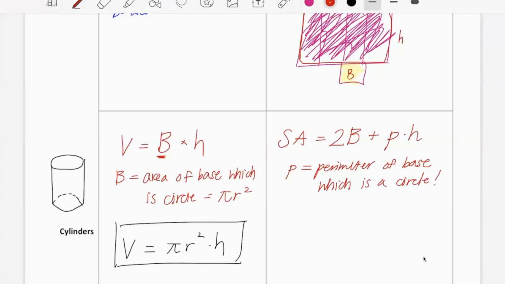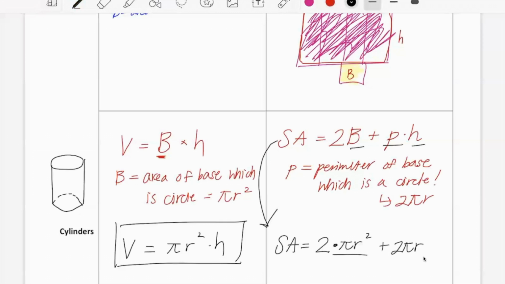The circumference of a circle, which is 2 pi r. So guess what? Again, we can write a better version of this formula. The area of 2 bases, which is 2 times pi r squared, the area of the circle is pi r squared, right? We got that part, plus the perimeter of the circle, which is 2 pi r times the height.